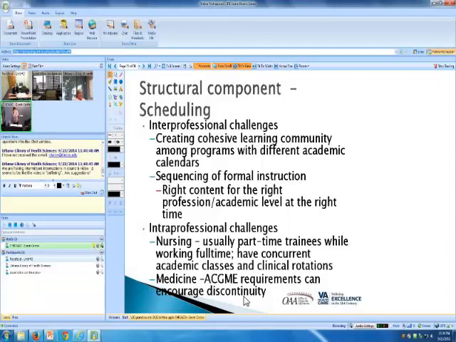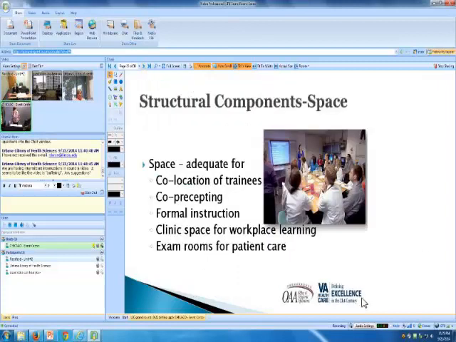And for medicine, they have all their ACGME requirements. They have to go to this specialty, to that specialty, and so on. And that really causes a lot of discontinuity in the model, where we want a longitudinal learning experience with developing sustained relationships. So those things are certainly struggles.